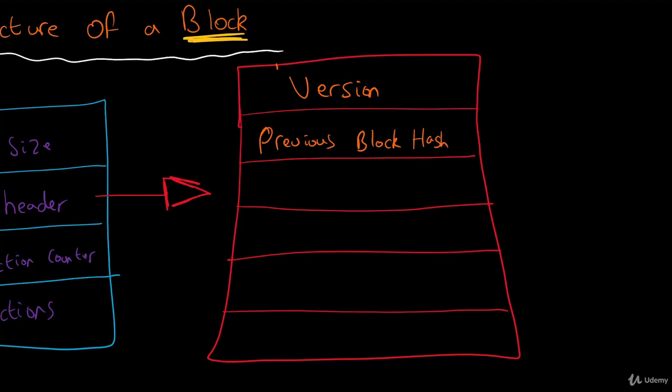This will become a bit more evident exactly what this is in a moment. We have a Merkle root, and the Merkle root is a hash of the root of a Merkle tree, which we'll cover in a separate video, and it's of all the block's transactions.